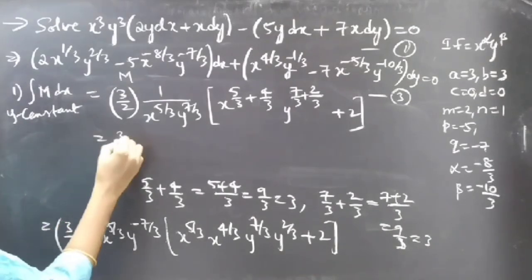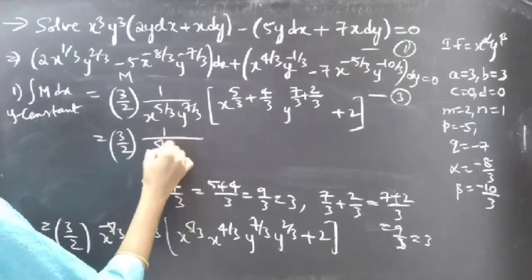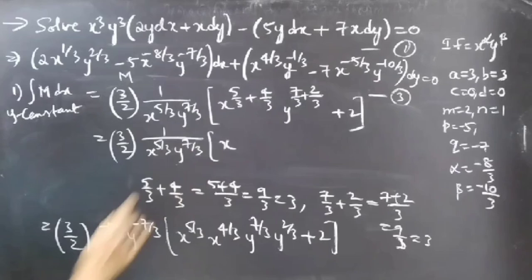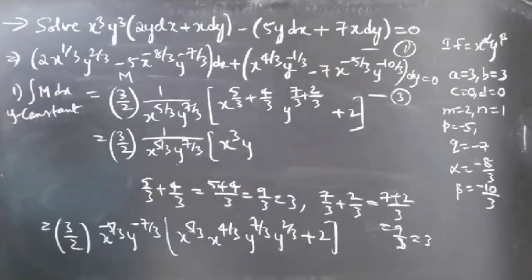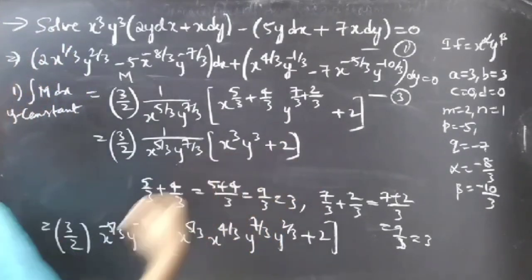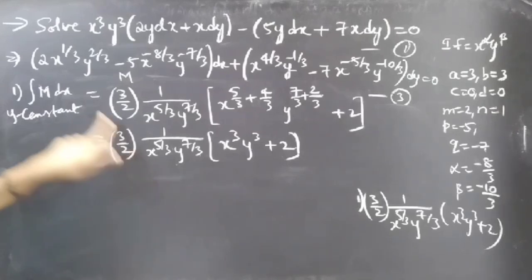Then this gives us 3/2 into 1/(x^(5/3) y^(7/3)) into x^(5/3+9/3) which is x^3, y^(7/3+2/3) which is y^3, plus 2. See, this is the result obtained from the first integral.